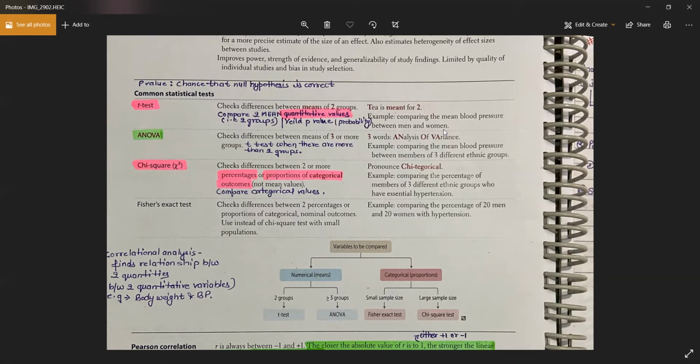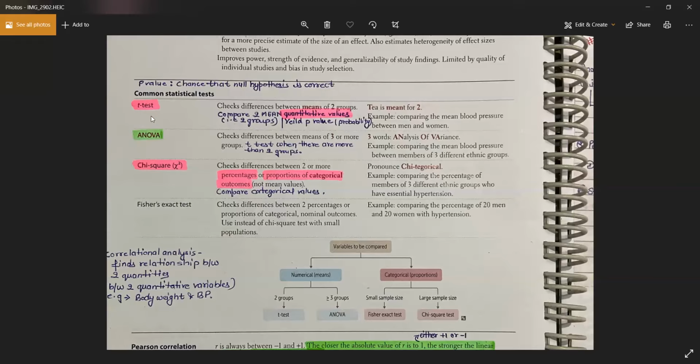That means it is a yes no condition, a qualitative variable. So my exposure, man and woman, is a qualitative variable. And my outcome, the mean blood pressure, I can calculate very easily, like 120 or 130 or 140. I can easily quantify it, so mean blood pressure is a quantitative variable. Whenever I have two groups and I want to compare their means, it is always going to be a t-test.